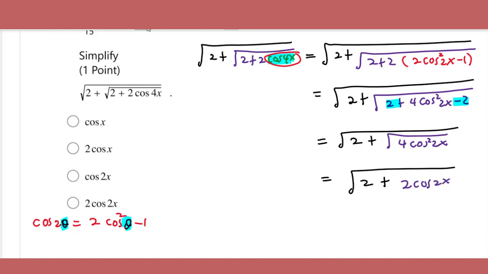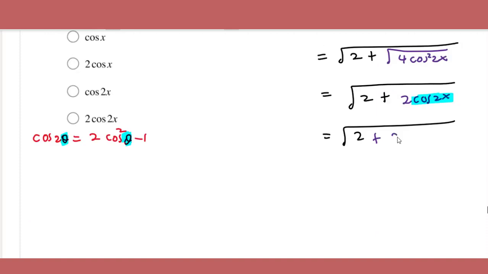Next, we apply another double angle here. So 2 plus 2 and double angle, 2 cos x squared minus 1, is equal to square root of 2 plus 4 cos x squared minus 2.